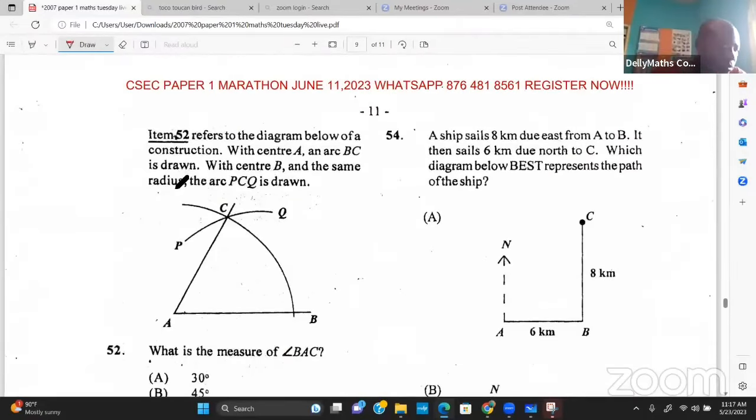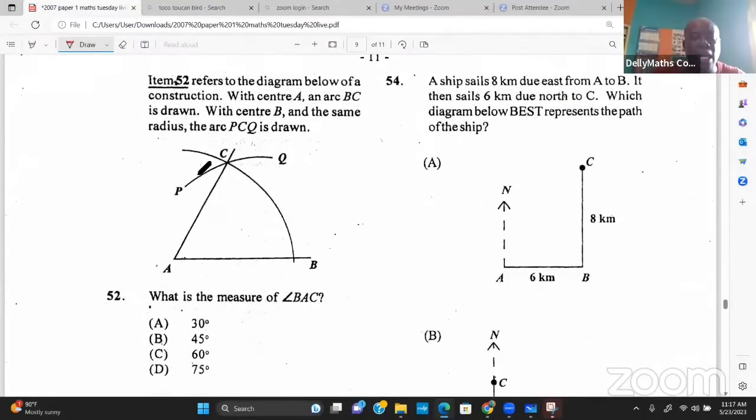Let's move. All right. So we're looking at 52. This question comes a lot. It says item 52 refers to the diagram below, of a construction. And this is always a 60 degrees, guys. Take note of it. The 60 degrees look like this. You'll see this. Please take a look at that. That's a 60 degree.